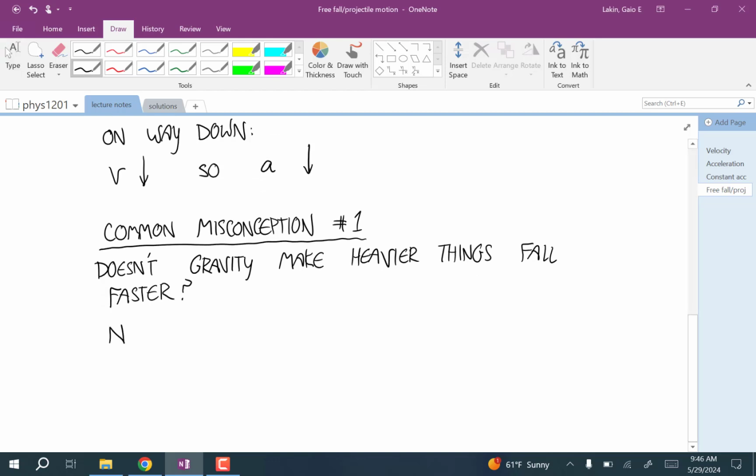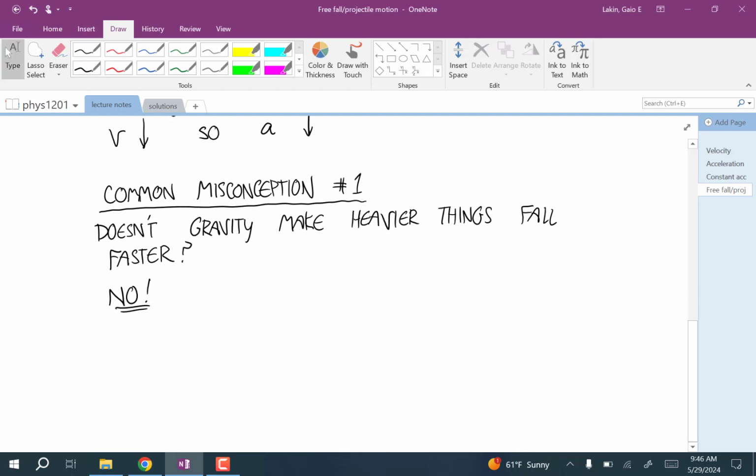And the truth is, you're not crazy. A rock will fall faster than a feather, but it doesn't have anything to do with the natural result of gravity. When a big rock falls to the ground faster than a feather, it doesn't have anything to do with the effect of gravity.